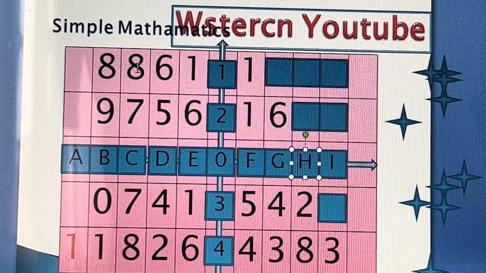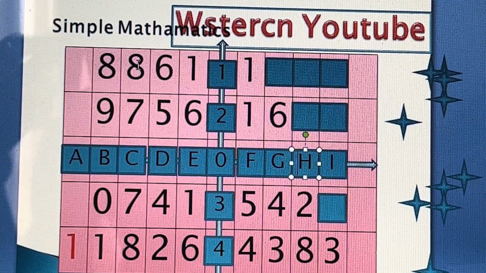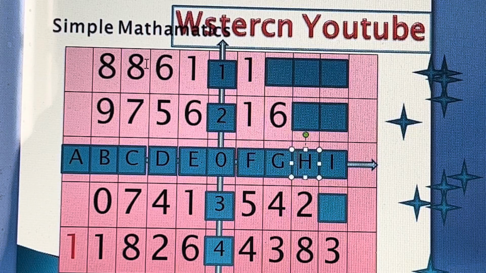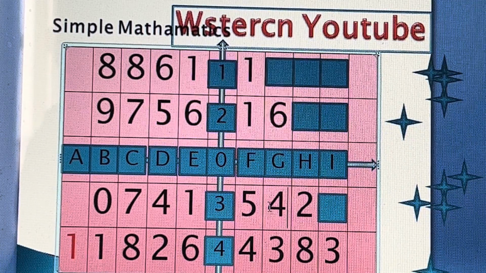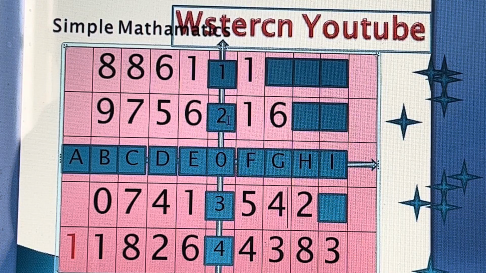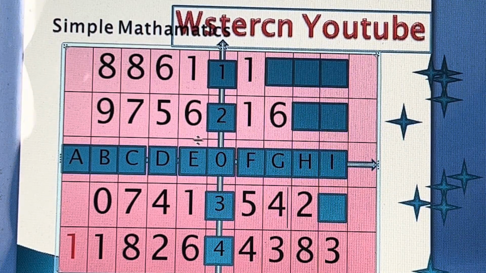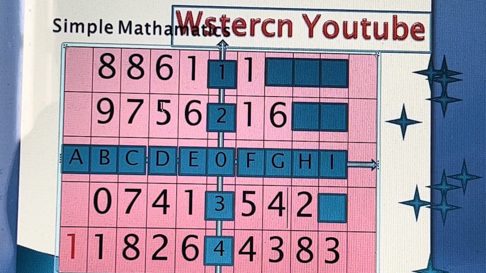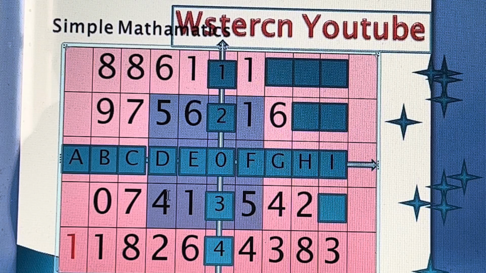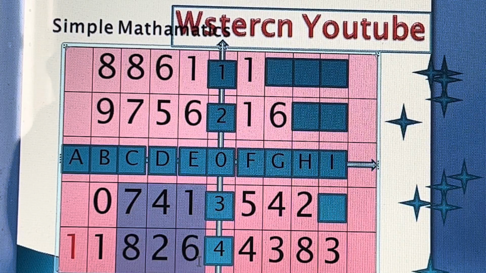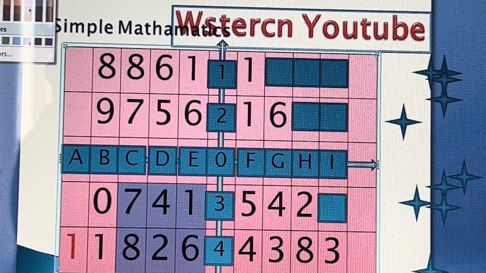So let's do the setup. I'm going to pick a section of these. You can pick horizontal or vertical. So let's say I pick horizontal. Let's pick this section of the setup over here. 7, 4, 1.